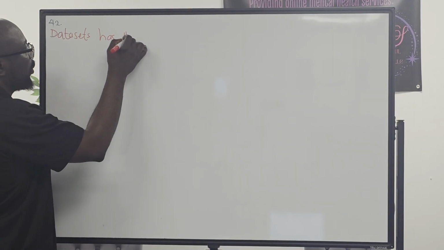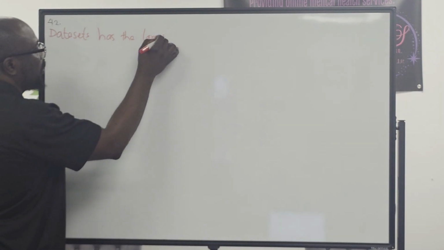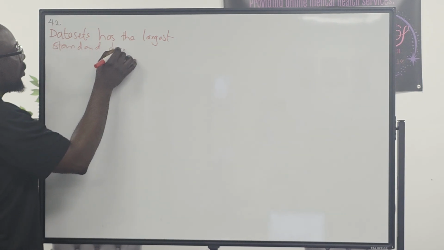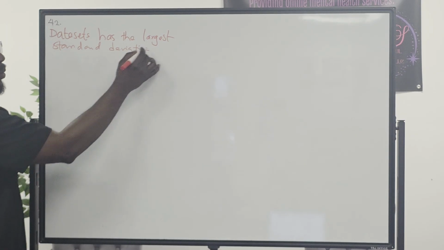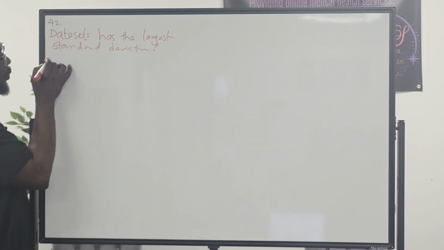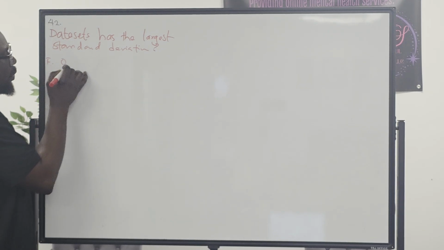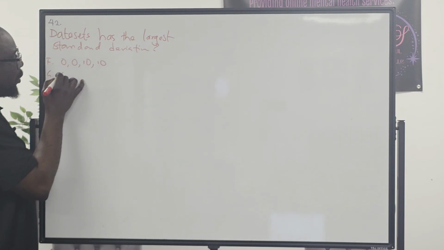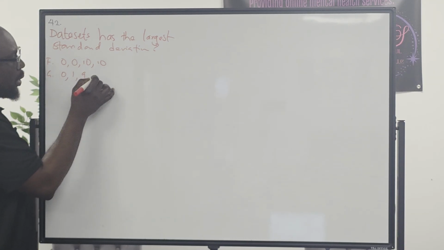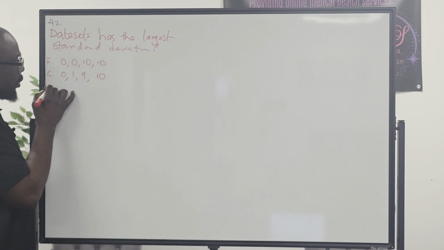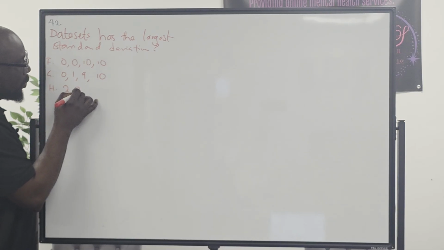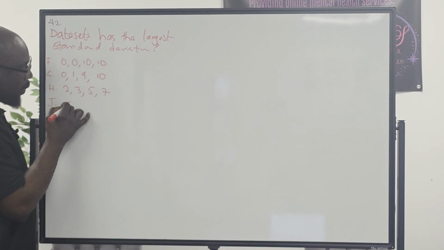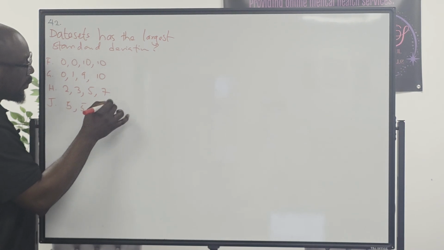And we're given option F as 0, 0, 10, 10. Option G, you have 0, 1, 9, 10. Option H is 2, 3, 5, and 7. And option J is 5, 5, 5, 5.